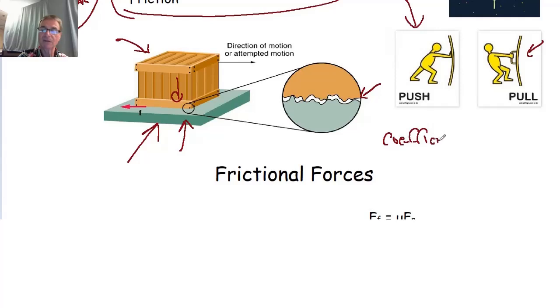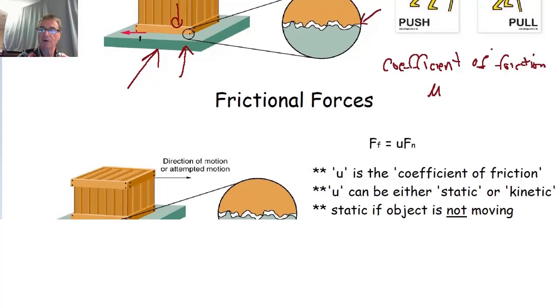There are millions and millions of coefficients of friction between two different objects. Usually you'll be given the coefficient of friction, and it is denoted by the letter mu. It's a Greek letter, looks like a U, but we call it mu.